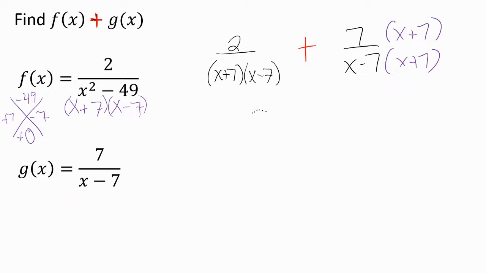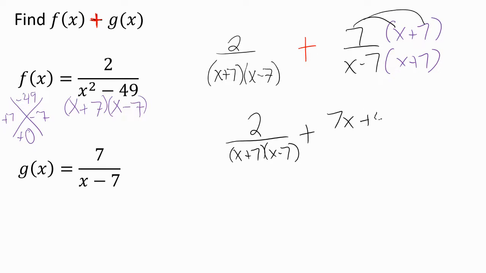All right, so I'm going to bring this down to over all of that. And then here, since this is a positive, we're going to just distribute that 7 to everything in the parentheses. So it's going to be plus 7x plus 49, because 7 times 7 is 49, all over that same denominator.